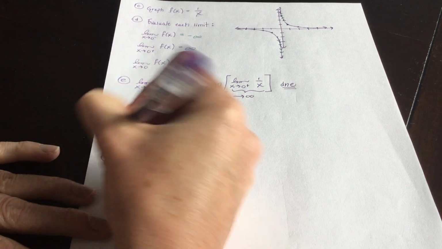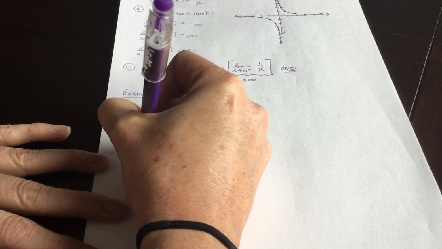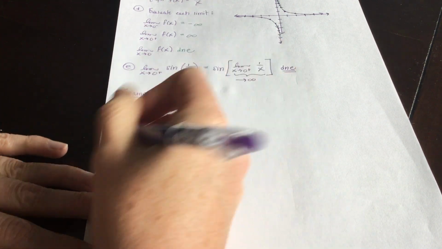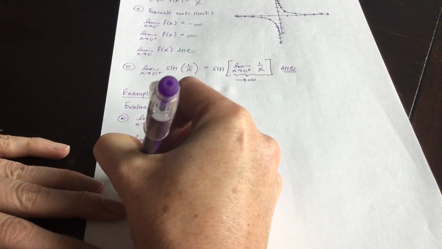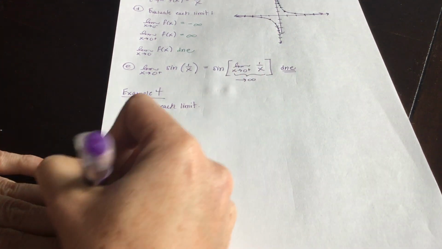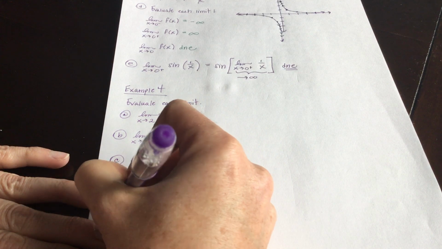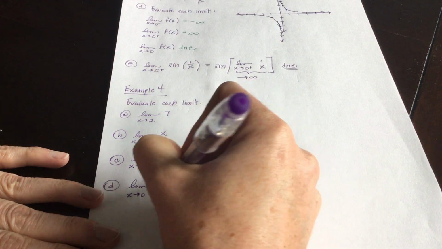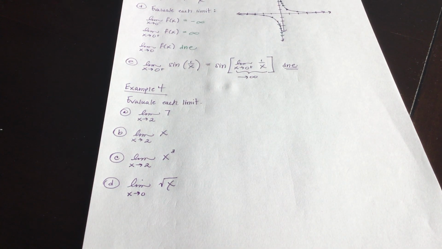Part B, the limit as x approaches 2 of x. Part C, the limit as x approaches 2 of x cubed. Part D, the limit as x approaches 0 of the square root of x. Okay, so go ahead and think those out for yourself, and then we'll check and see how it went for you.